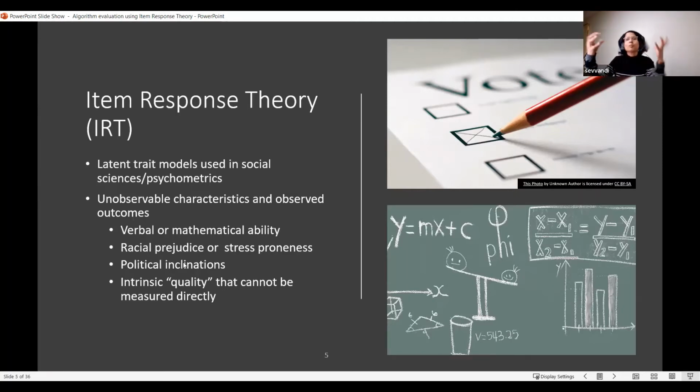A classic example would be political inclinations: you have to really think to know how left-wing or right-wing you are on the political spectrum. It's not automatically known, but maybe by answering some questions you would find out. It is in there in us. So there's this intrinsic quality that cannot be measured directly, but you can have observed outcomes. If you do a survey, the answers to the survey are the observed outcomes.